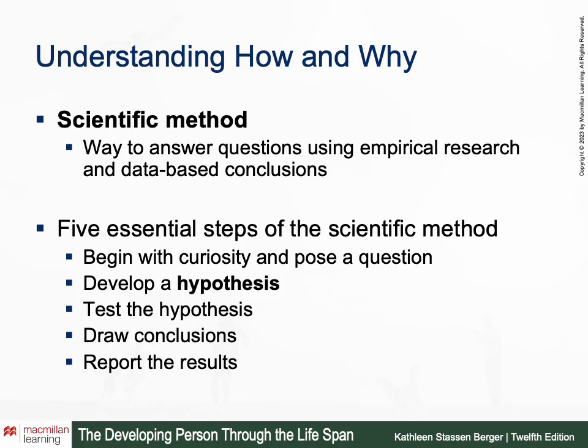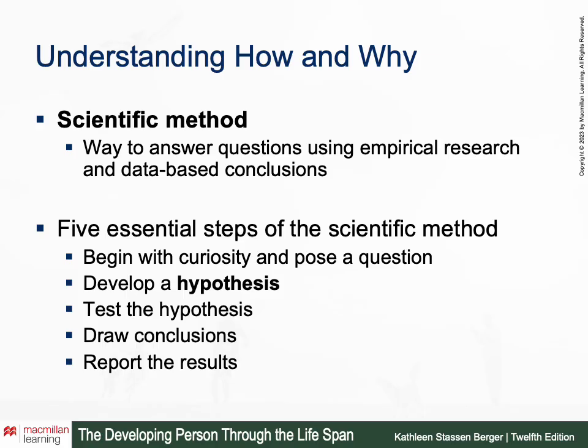The essential steps of the scientific method begin with the curiosity to pose a question. So, why does something happen the way that it happens, or why is it that human beings continue to develop throughout the lifespan? And then thinking about why that could be.